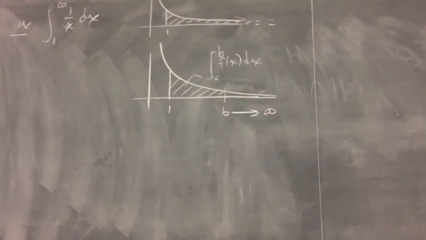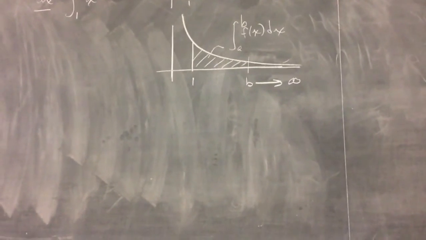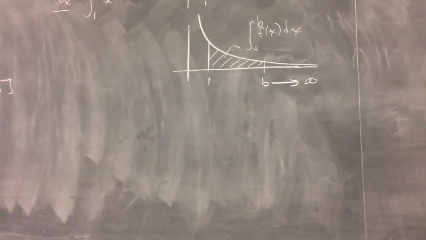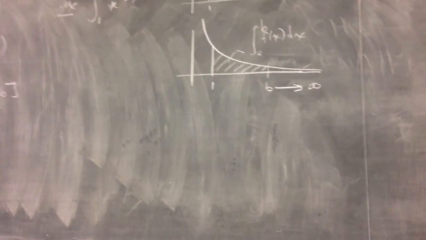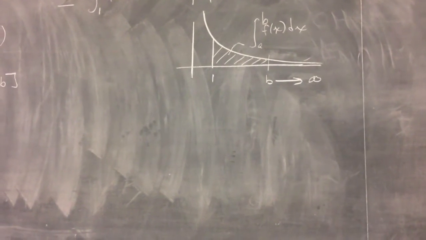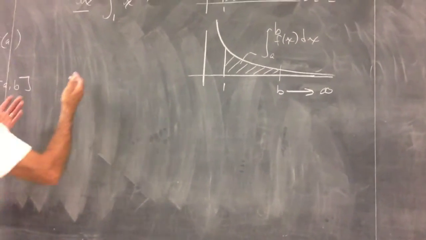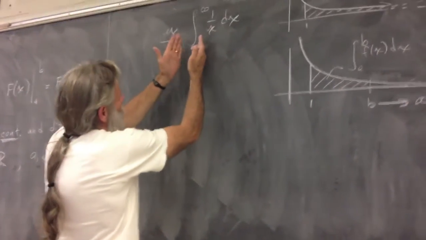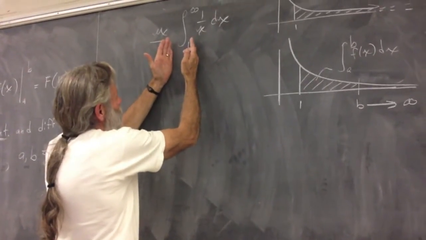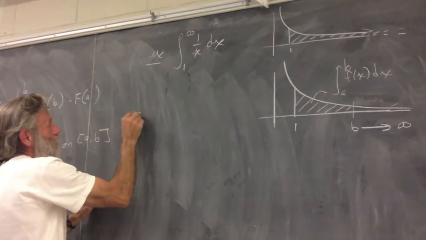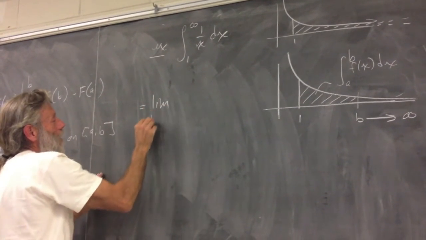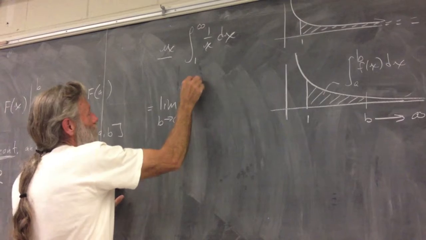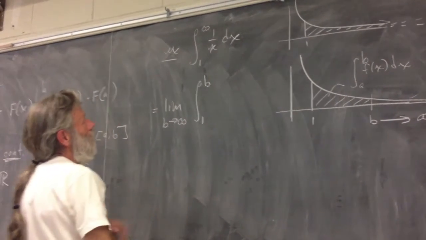Once I already have an expression for the area up to b, why not then use it with an infinity in a limiting sense? So we take the integral from 1 to infinity and replace it with the limit as b goes to infinity of the integral from 1 to b.